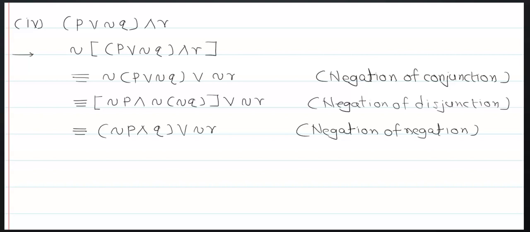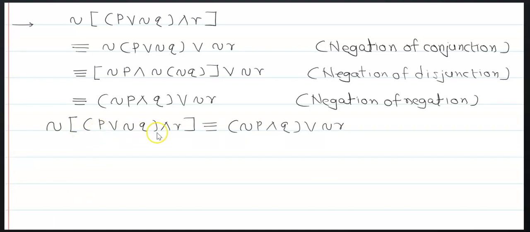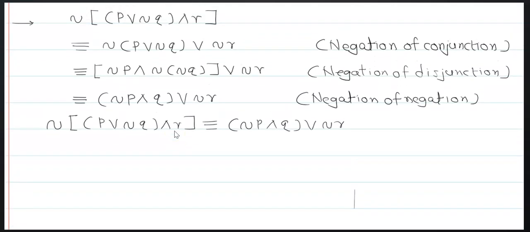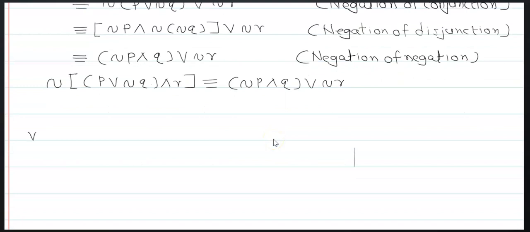That is the negation of negation is the original statement. That is, negation in bracket P or negation Q and R is equivalent to negation of P and Q or negation of R.